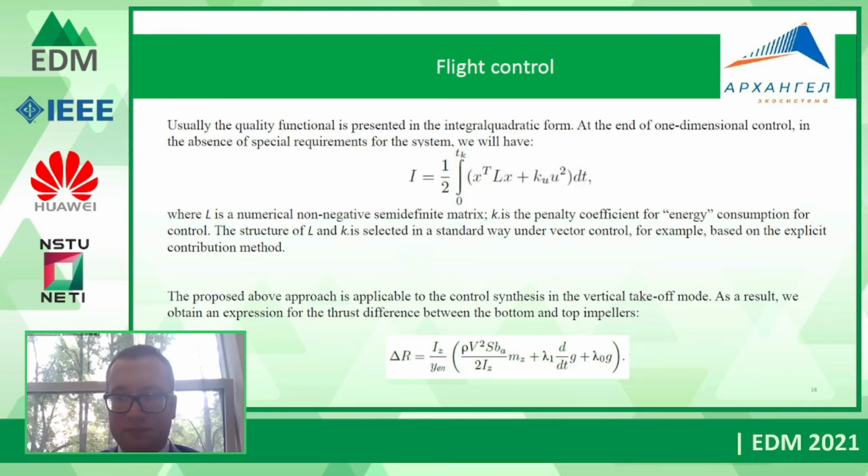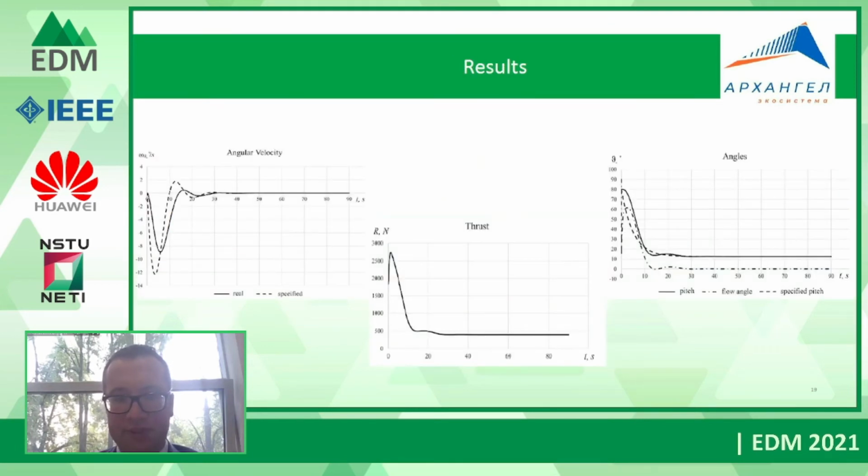And now in our prototype we add ailerons, differential ailerons, and the next mathematical problem will be how to coincide the difference of the thrust and the ailerons operation. The next, please.